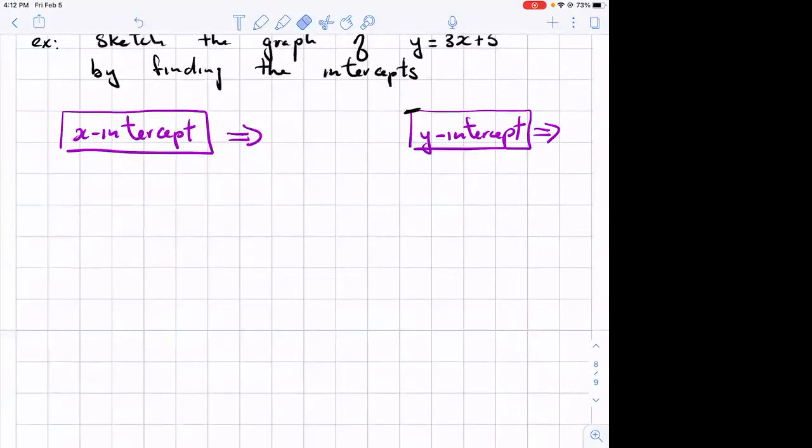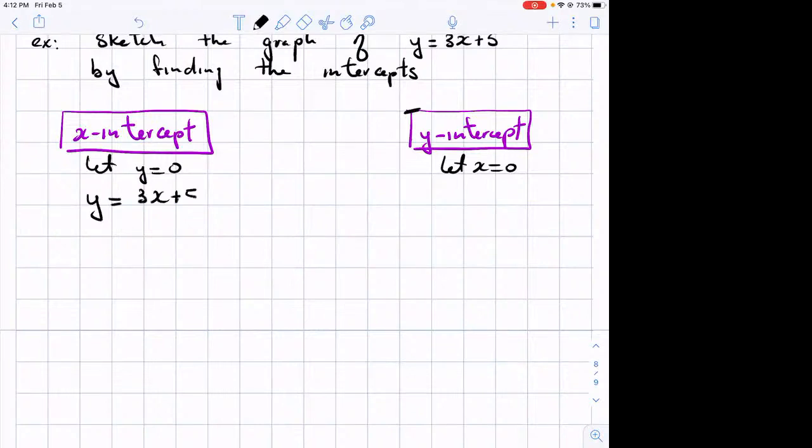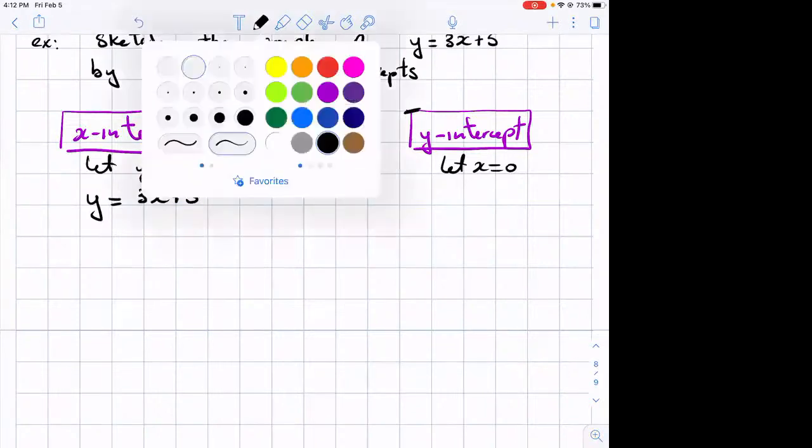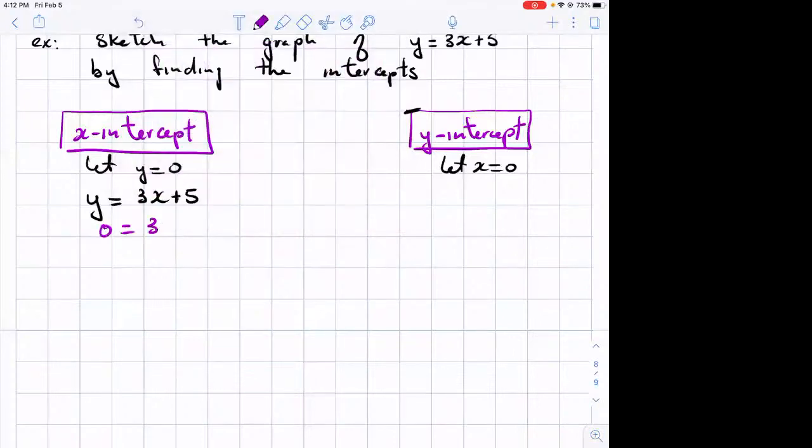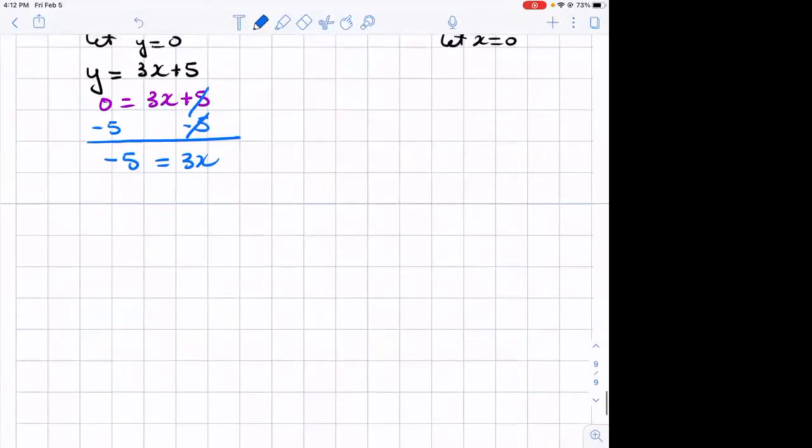So to find the x-intercept, let y equal 0. And to find the y-intercept, let x equal 0. So if we do that, remember our equation is y equals 3x plus 5. So if y is 0, we have 0 is equal to 3x plus 5. So we'll minus 5 on both sides, leaving us with minus 5 is equal to 3x. The plus 5 and the minus 5 cancel, okay?